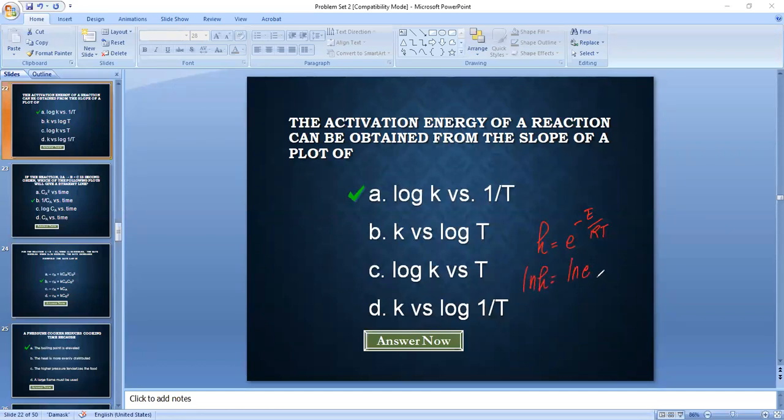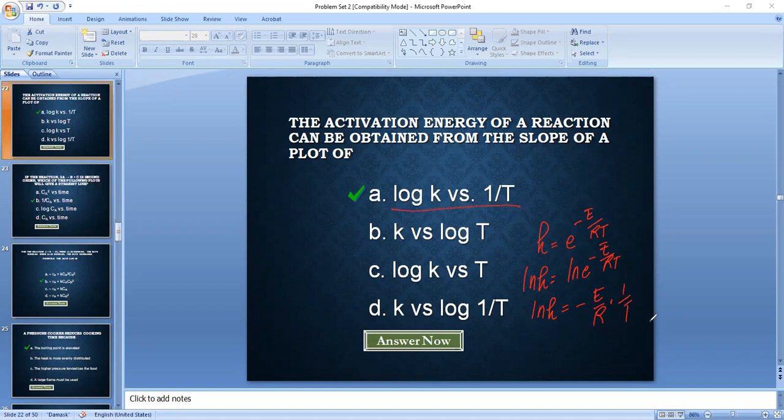So you have ln e raised to negative E over RT. So ln of K is equal to negative E over R times 1 over T. This is the one that gives it away.